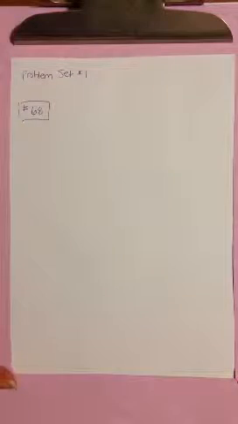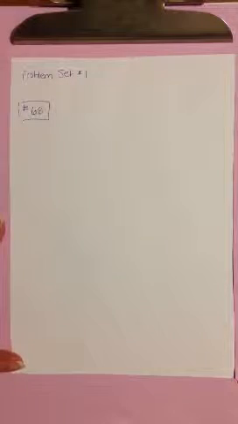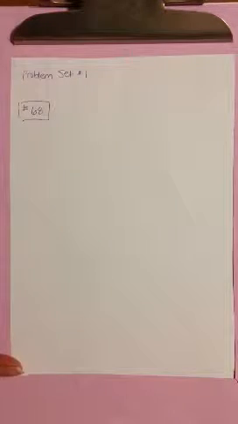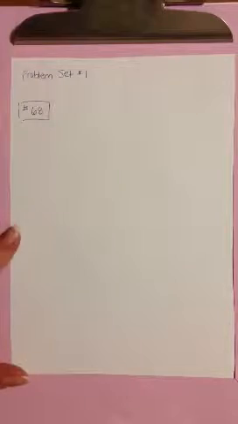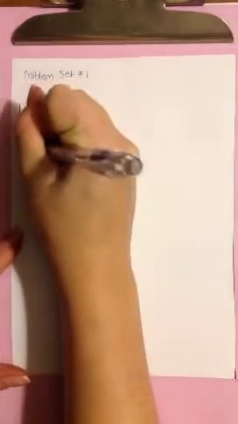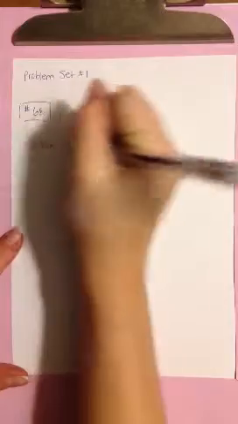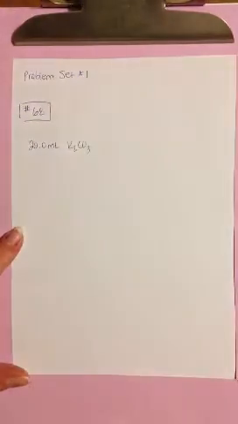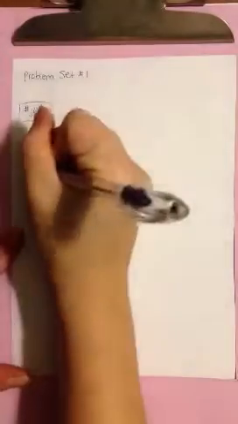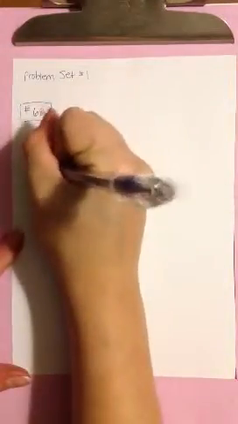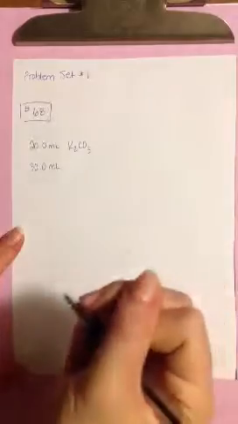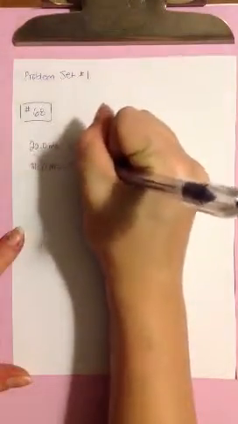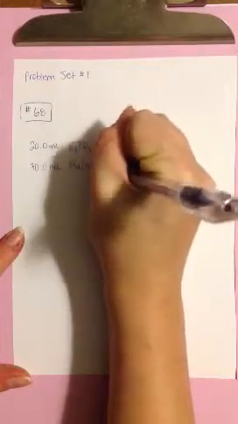This problem is problem number 68 from the first problem set. The first thing I'm going to do is just read through it and figure out what kind of information I have. So I see that I have 20 milliliters of potassium carbonate, and I'm adding that solution to 30 milliliters of, it looks like barium nitrate, and I'm also given molarities of these.